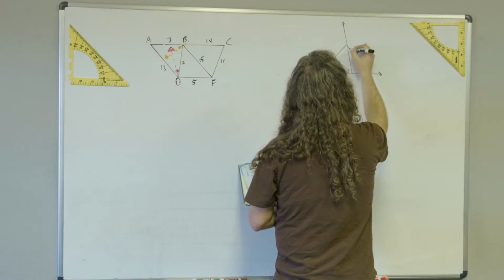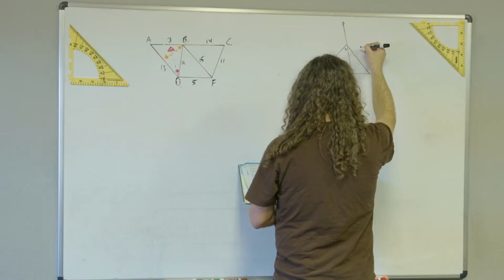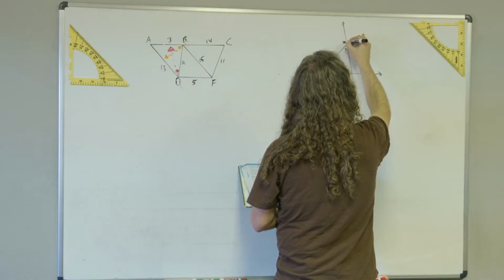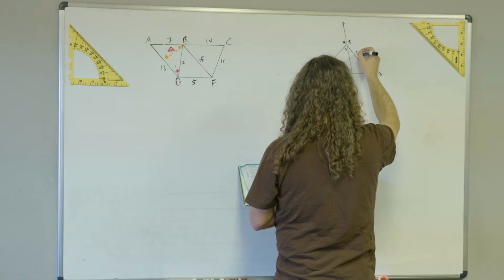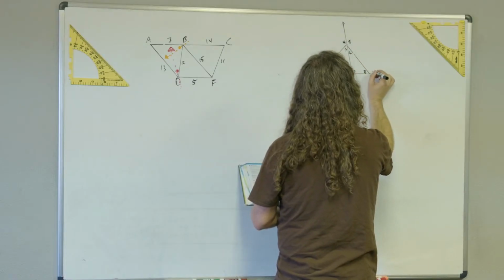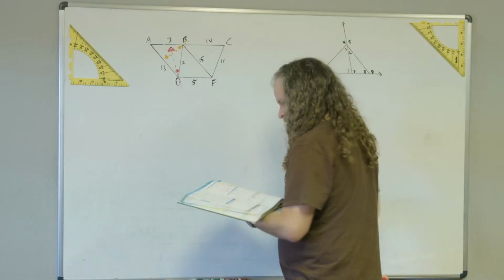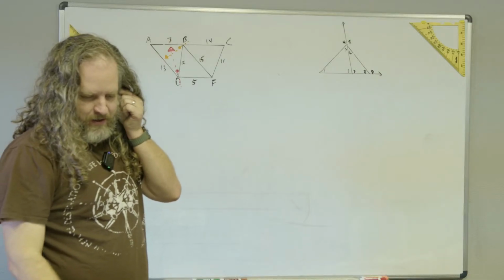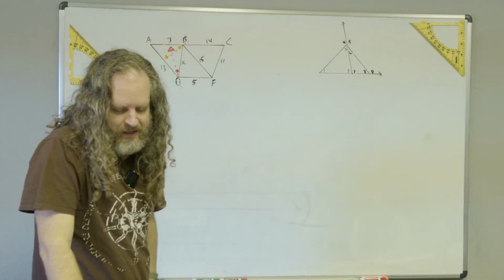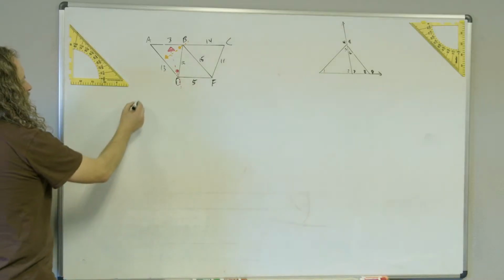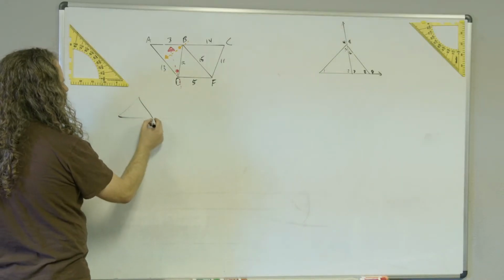One, two, three, 4, 5, 6, 7, 8, and 9. Use the exterior angle inequality theorem to list all of the angles that satisfy the condition. So, what does the exterior angle inequality theorem say?